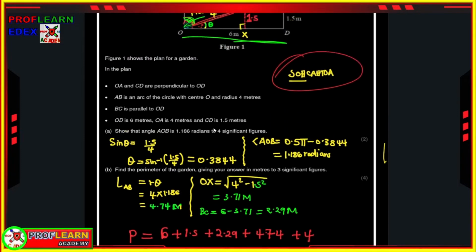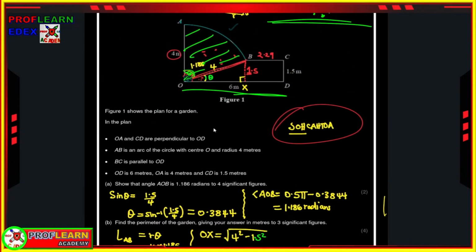How are we going to find OX? I identified OX from here, because we know from this point to D is 6, but we need OX. We can use Pythagoras theorem, with this and this one, we get this distance.